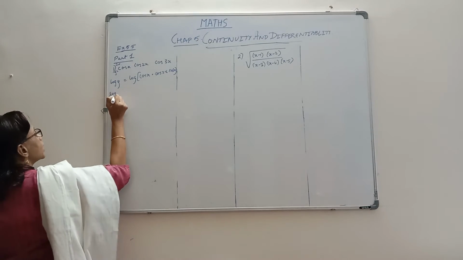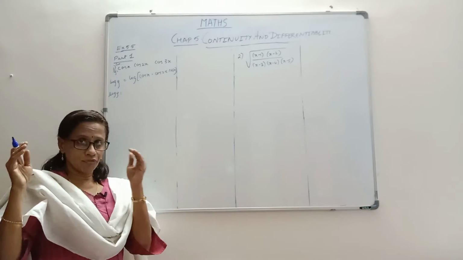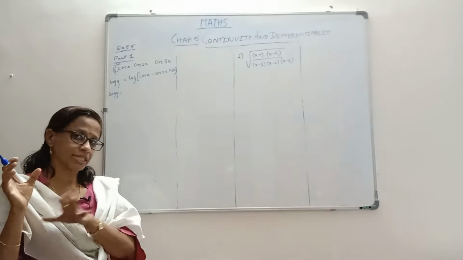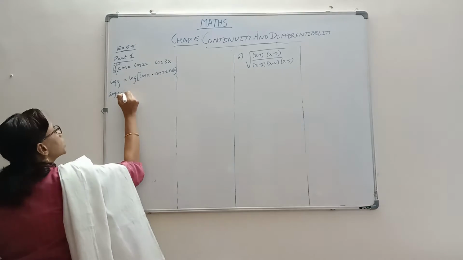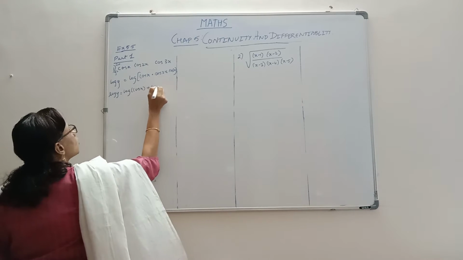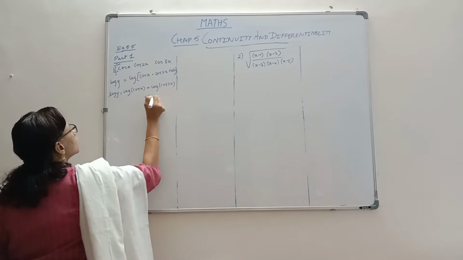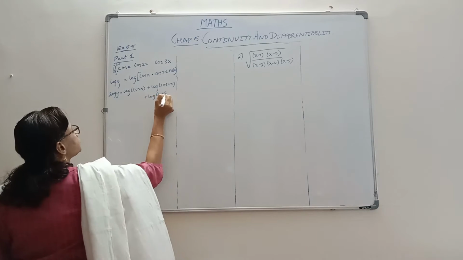So log y, and now here we are using the log property. The log property says that if you have log of a product, then you can just add up the logs. So this will now become log cos x plus log cos 2x plus log cos 3x.